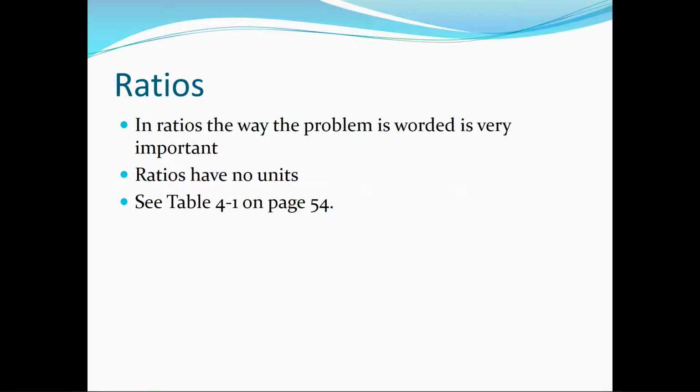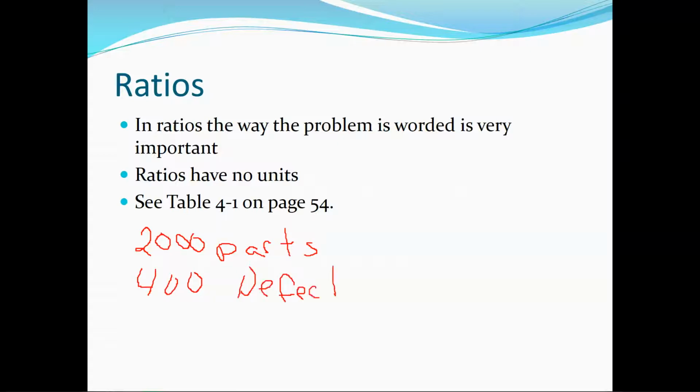We have a machine that produces 2,000 parts. Out of these, 400 parts are defective. So the very first question they ask is, what is the ratio of defective parts to total parts?